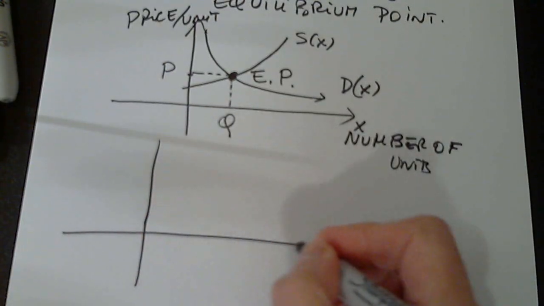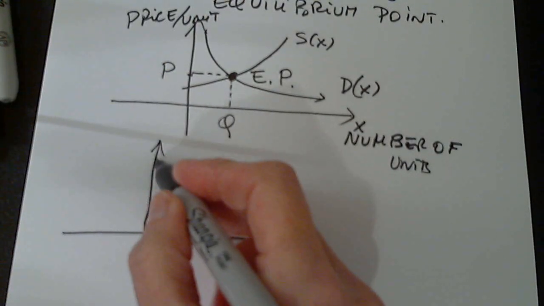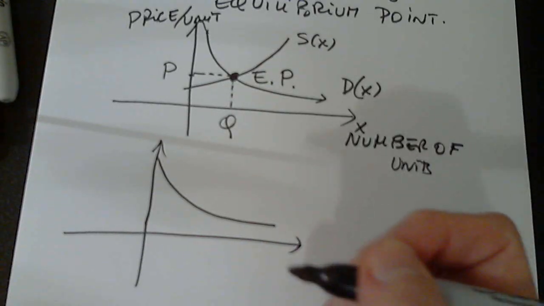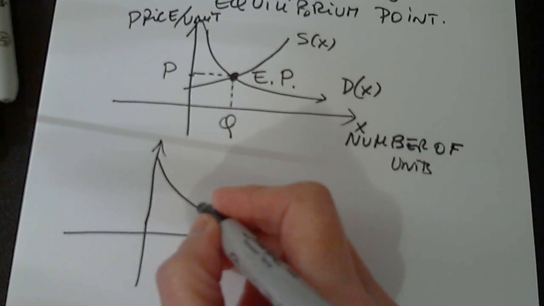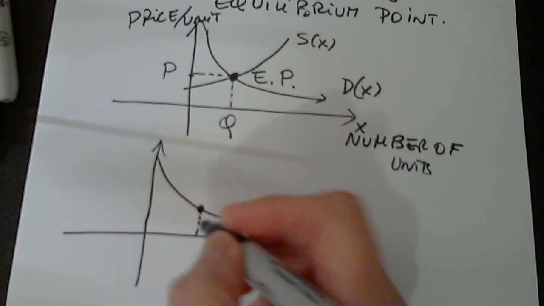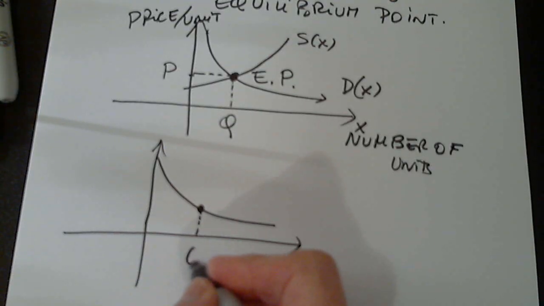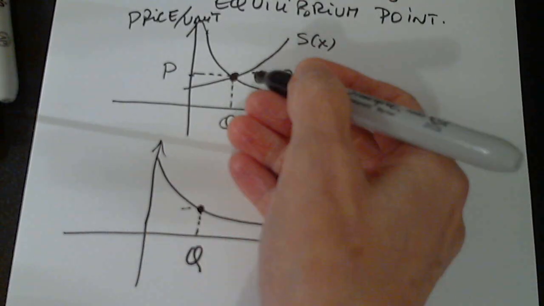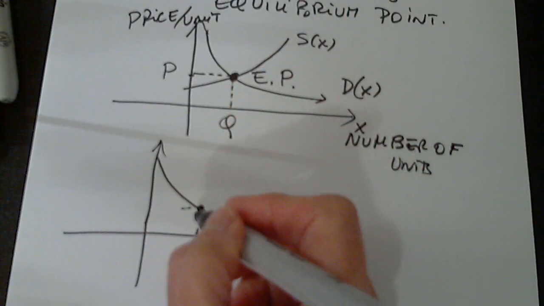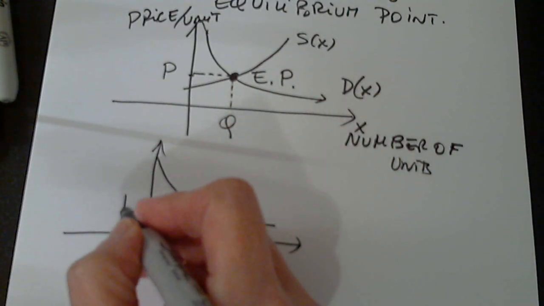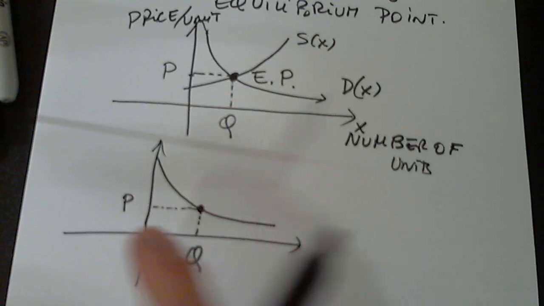So I'm just going to take it out of there. I just want the demand function only to look at for a moment. So let's suppose we are looking at this number of units, Q. It can be the equilibrium point, it can be any other point, it doesn't matter. At this price per unit.